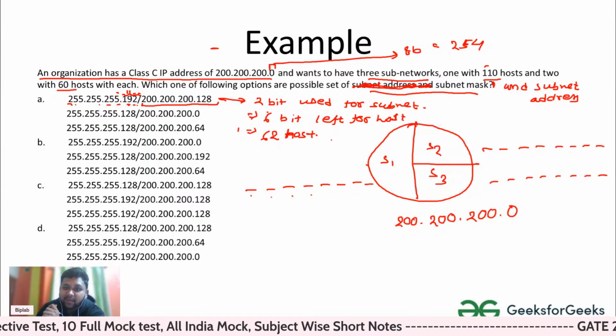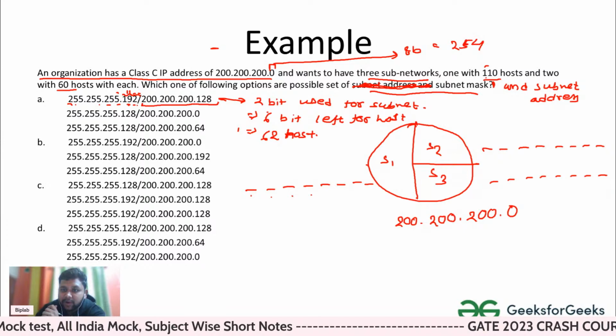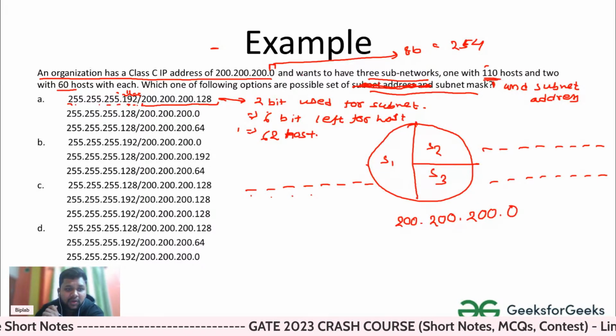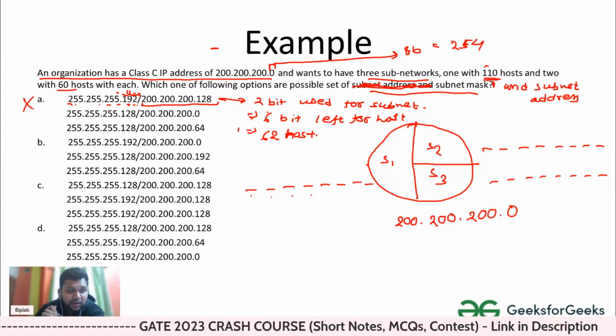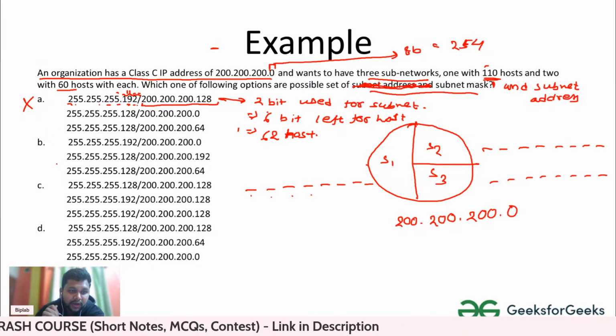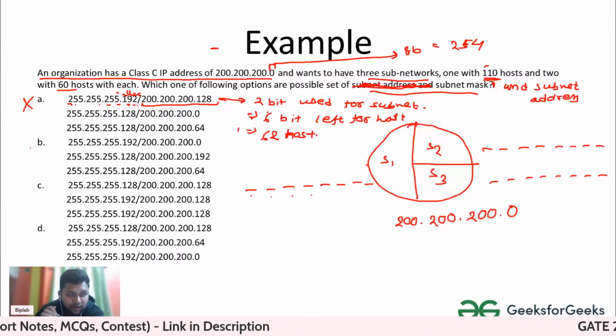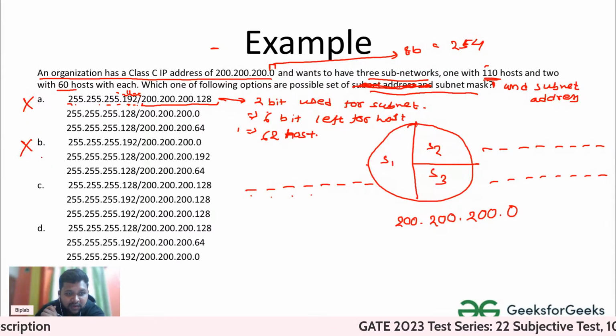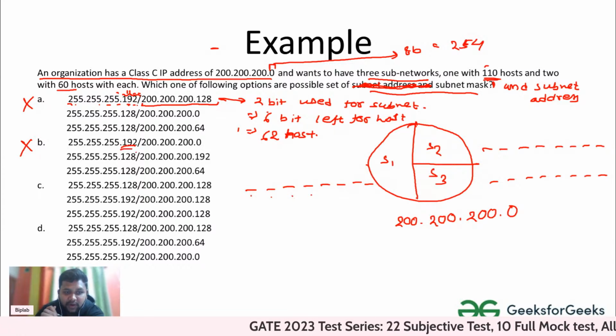There are maximum 62 possible hosts, but in the first network you want at least 110 hosts. So directly you discard this. This may look like a very big question to you, but it will not take time if you smartly discard the options. So A is discarded, B is discarded because B also has 192 here.